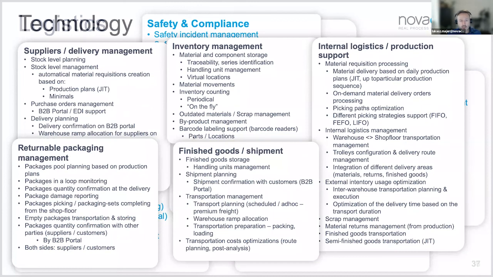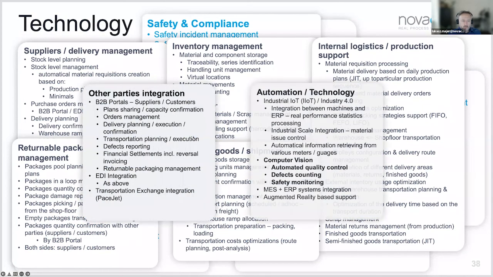And on top of that, we provide some specific technologies like transportation exchange integration, the system called PaceJet, where you can do some kind of quick tendering process and get the best price for your transportation from external transport companies.